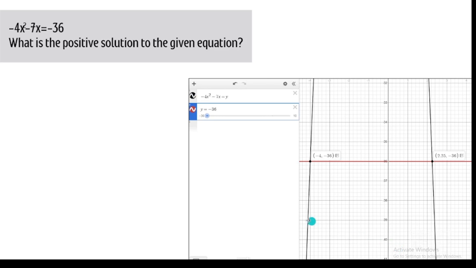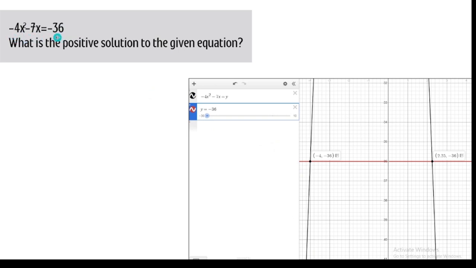In this example, of course, it's a quadratic equation. Of course, we can use either factoring or the discriminant to solve this equation, but we will use Desmos and graph it as I said. This is the same as I said before.